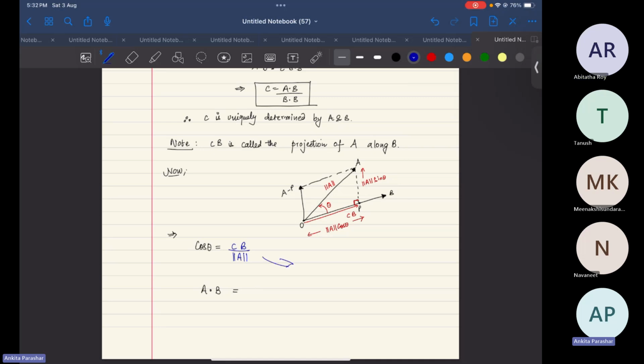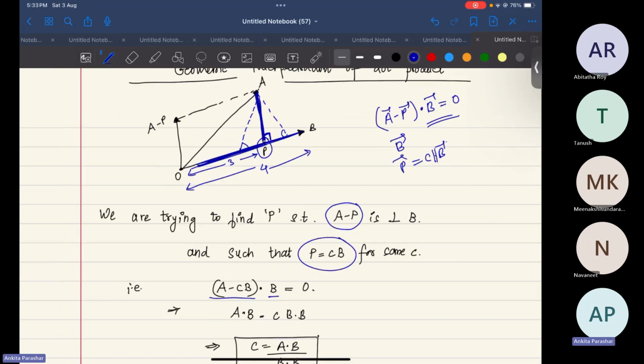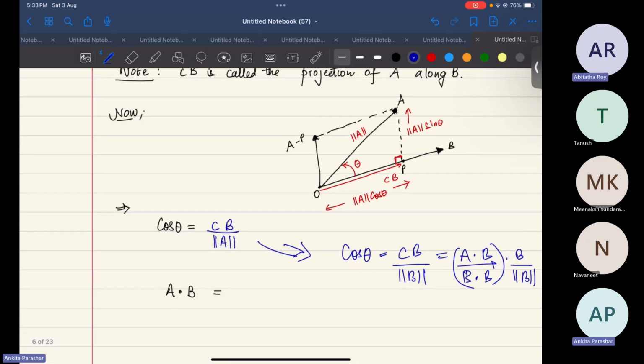So from here, C cos theta is C norm B by norm A. But what is C? It is A dot B by B dot B. It has to be the length of B, P equals C times the length of B, so it has to be the norm.